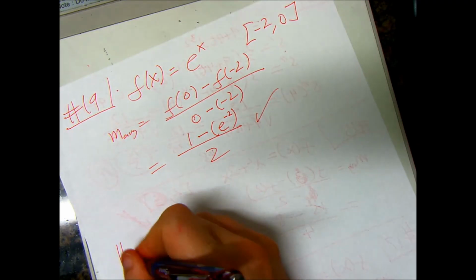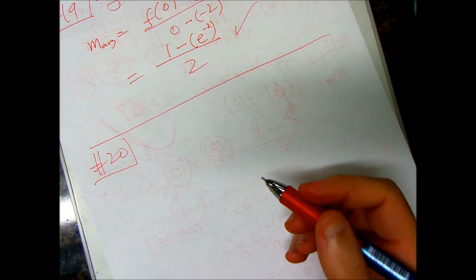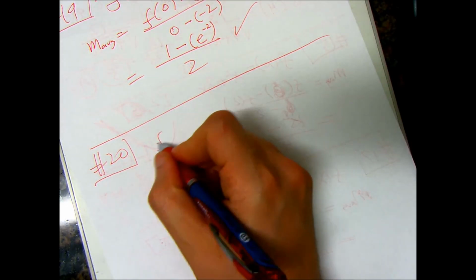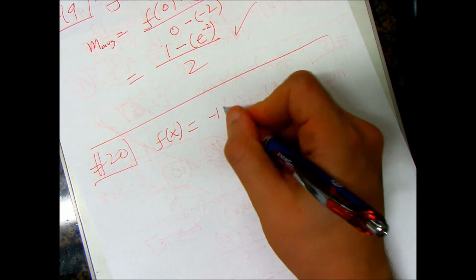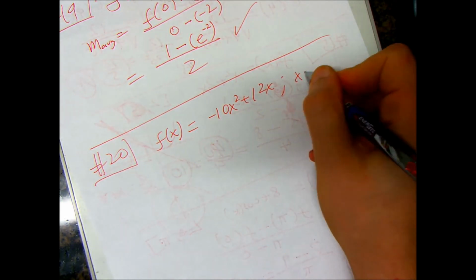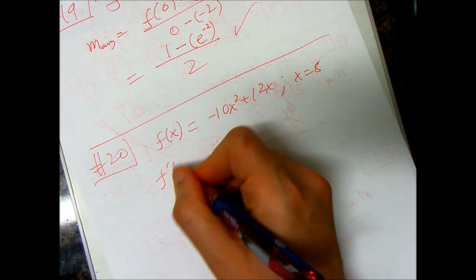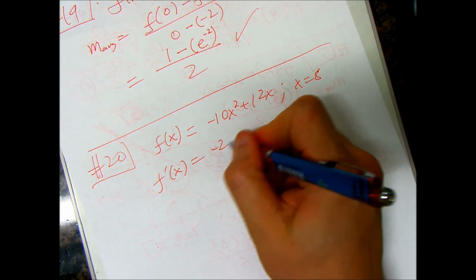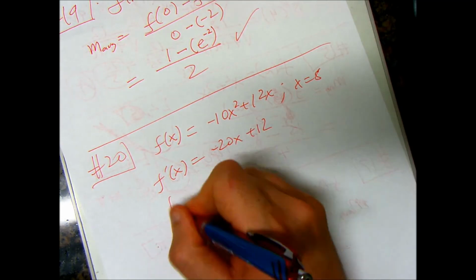Alright, number 20 is really easy. It's easier than finding the tangent line because all I got to do is find the slope of the tangent line. So what is the slope of the tangent line right at x equals 8? I just take the derivative. You always take the derivative first and then plug in. -20x plus 12.